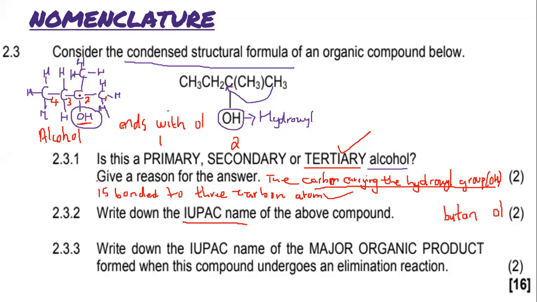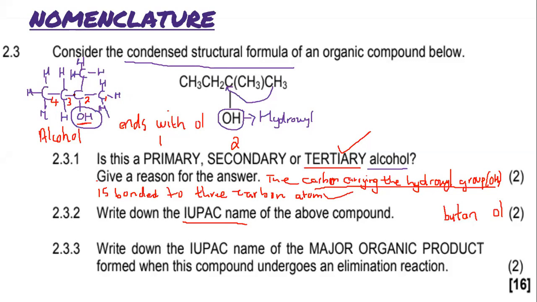But if I were to number from left to right, it would be wrong, because then it would be 1, 2, 3, 4, so this hydroxyl group would be on carbon 3. And we know, according to IUPAC rules, the functional group must be on the lowest numbered carbon. All together, my dear learners.